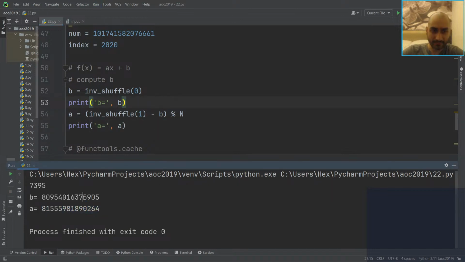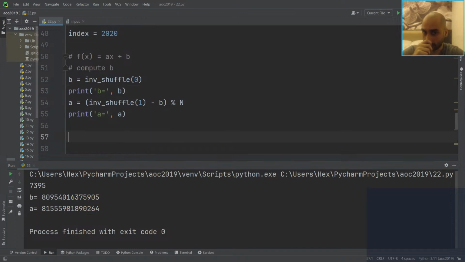Okay, so we've got A and B. Now let's test this theory. So we do inverse shuffle of, let's pick some number, 67.